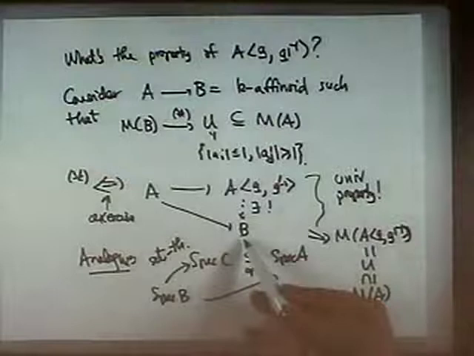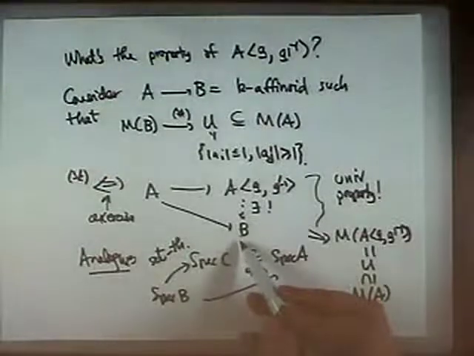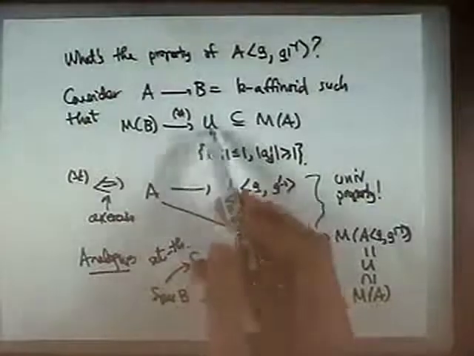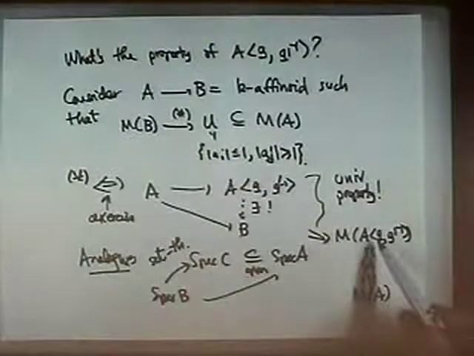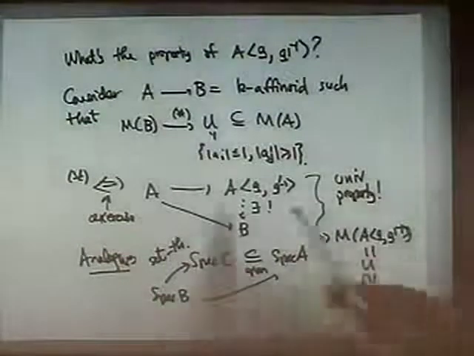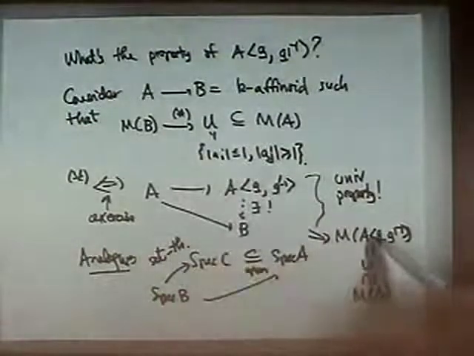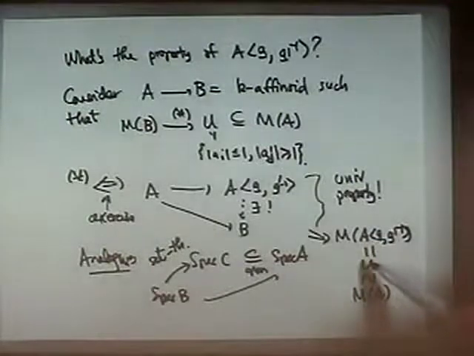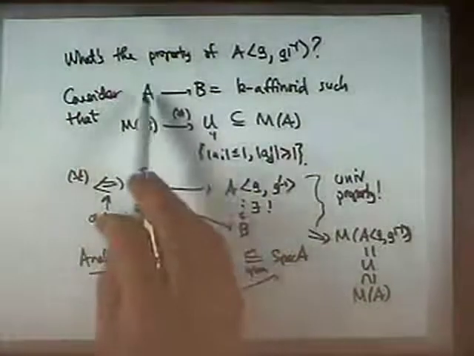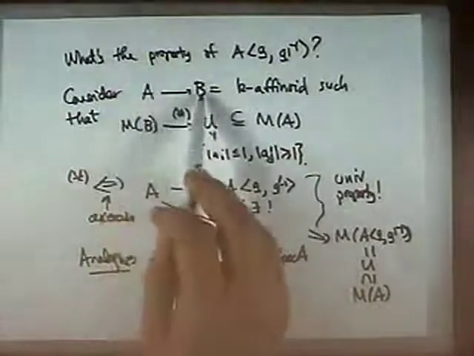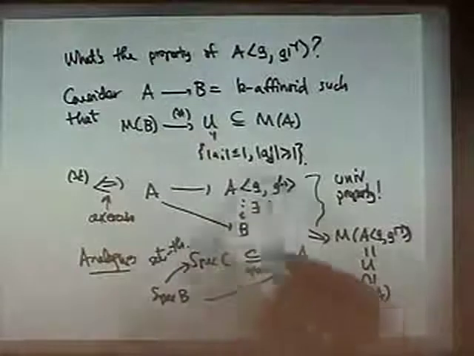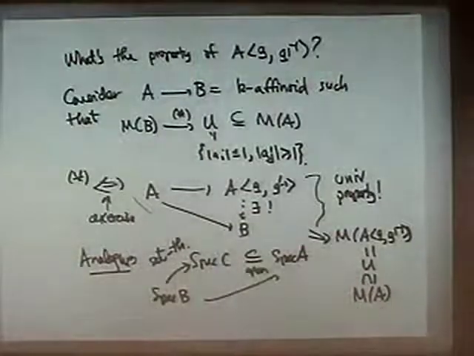So you take B to vary through all finite extensions of K, then in fact you'll find that the points of M of A that live in U are exactly the points that come from here. And you find that this is in fact a bijection. Okay? So to summarize, this A-algebra, its max spec space goes bijectively to U, and in fact any other space over A, or algebraically any other affinoid A-algebra, whose max spec space factors through it set theoretically, in fact factors through it ring theoretically in the opposite direction.